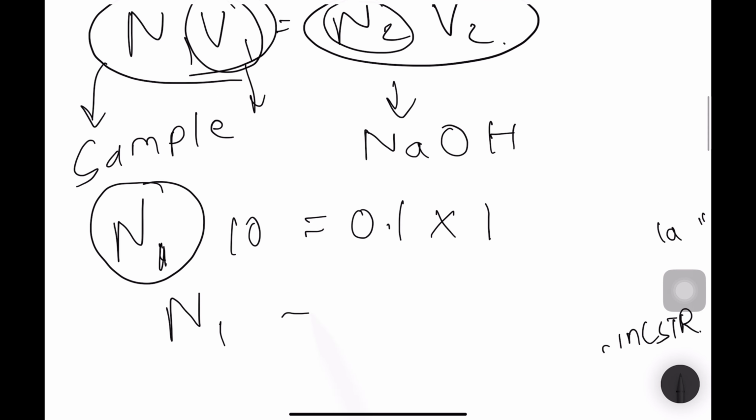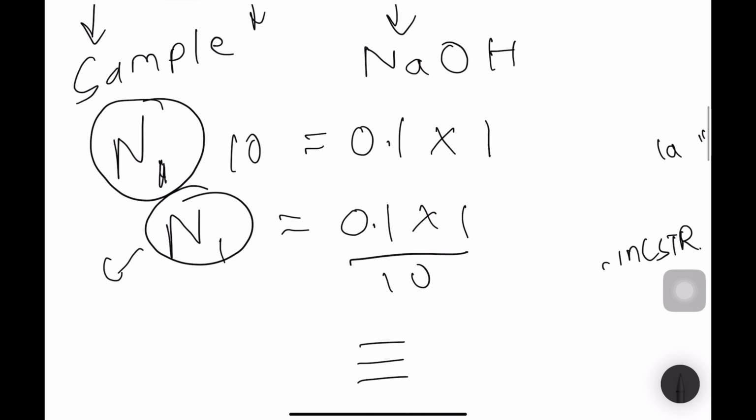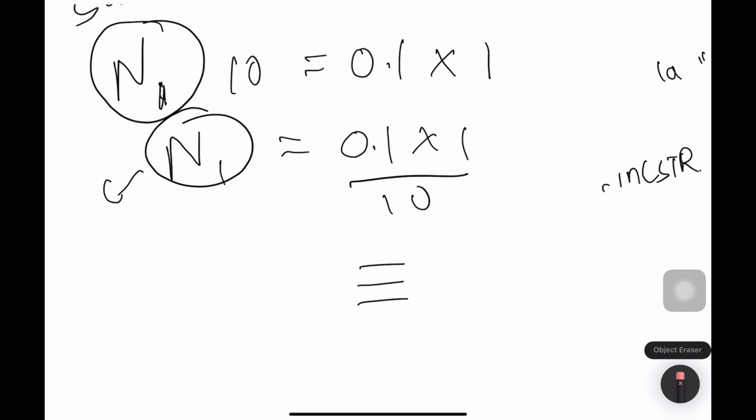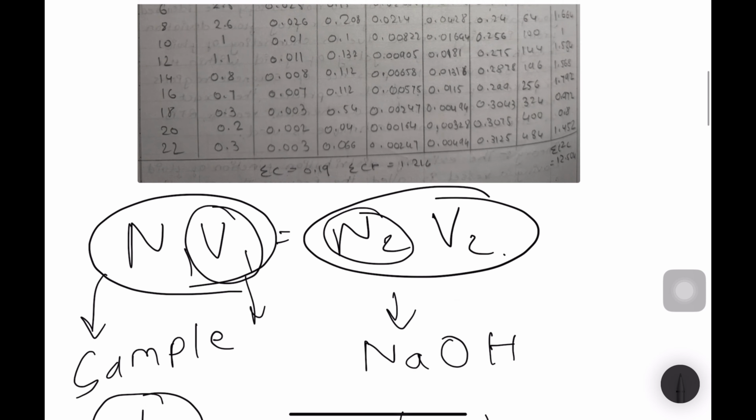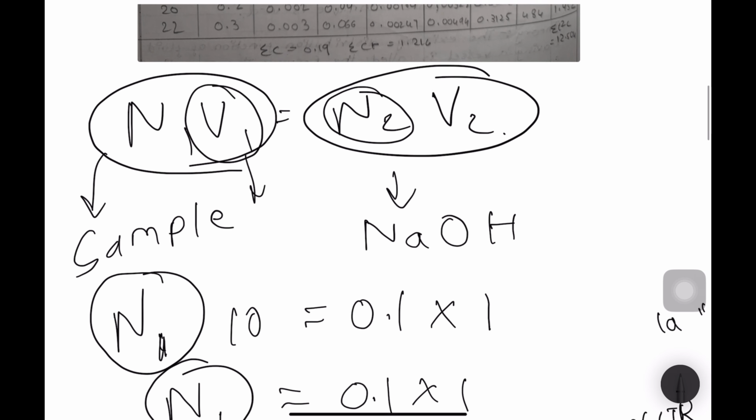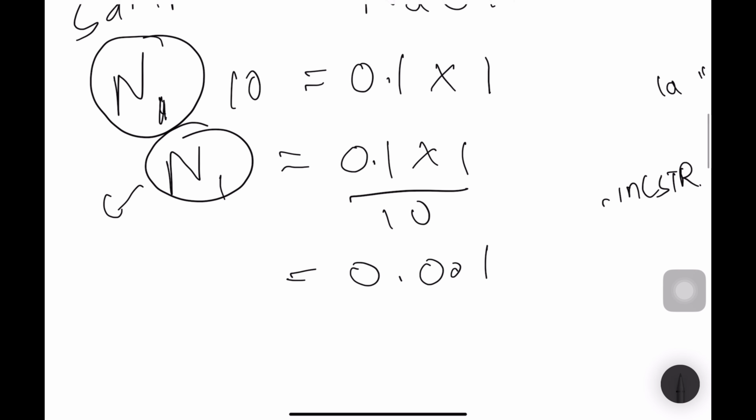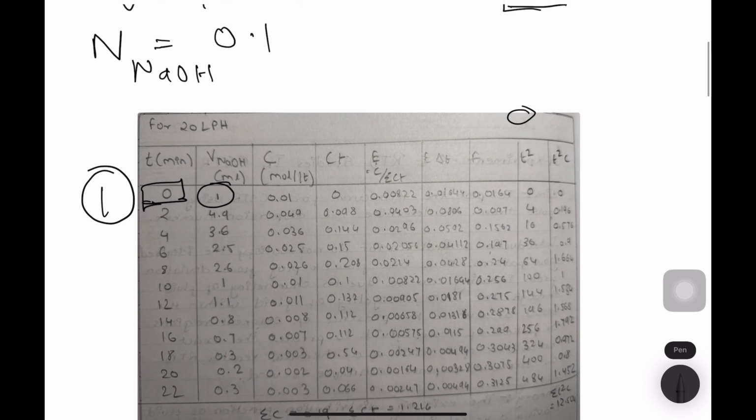So the concentration of the sample comes out to be 0.1 into 1 divided by 10, which is equal to 0.01. Sorry, as mentioned.